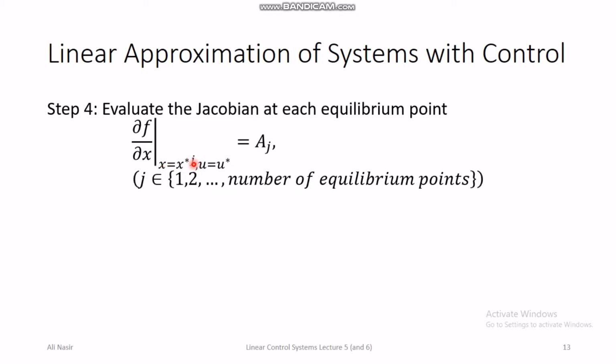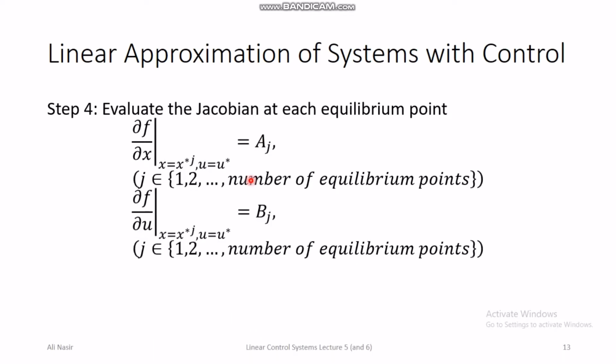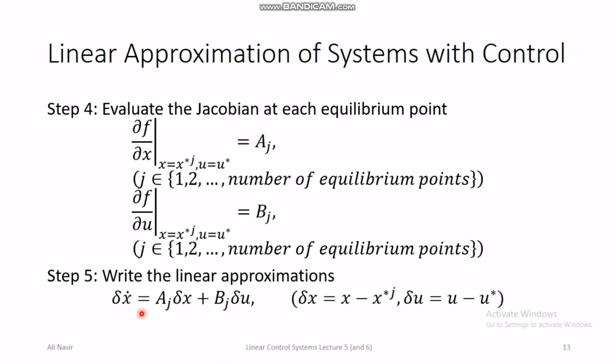The same is used as a subscript in the system matrix A. So partial f by partial x evaluated at the equilibrium point values of x and u will be the A matrix of the linear approximation, and partial f by partial u evaluated at the equilibrium point values will be the B matrix of the linear approximation. The linear approximation will be x dot equal Ax plus Bu, which is basically the linear systems form of a system with control.